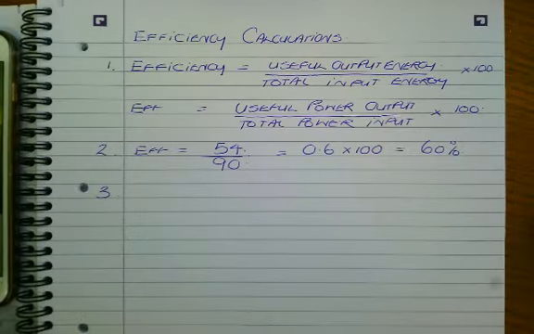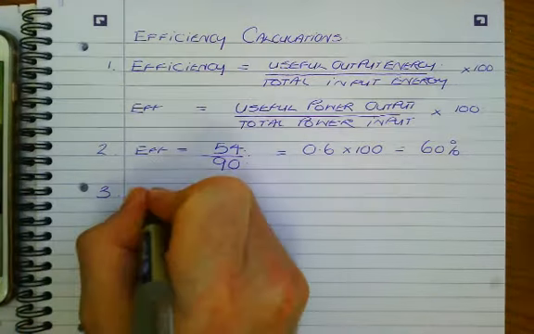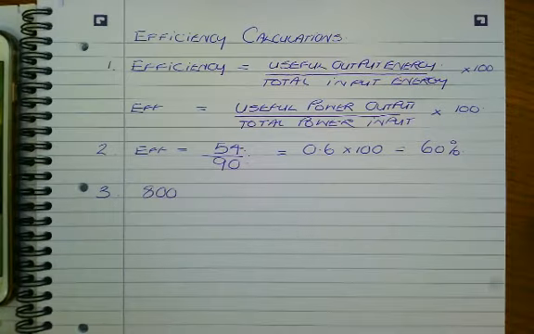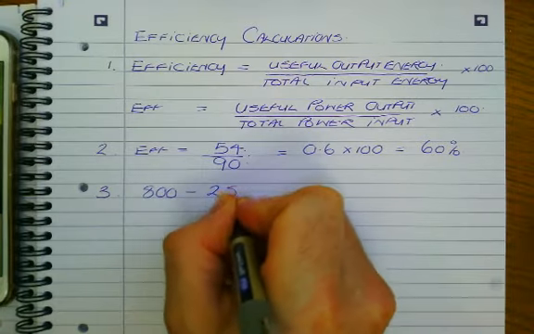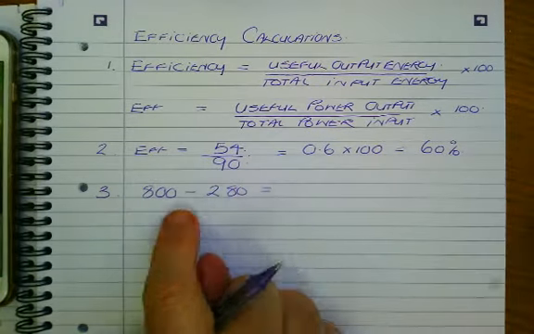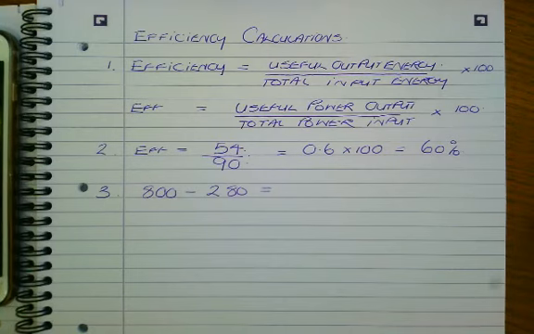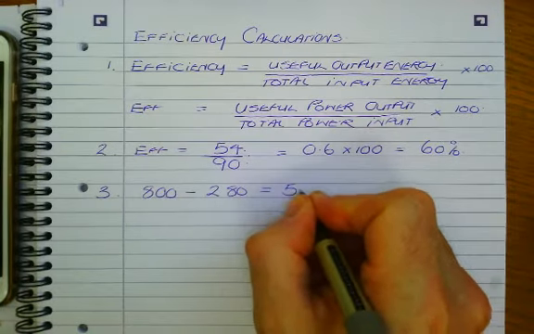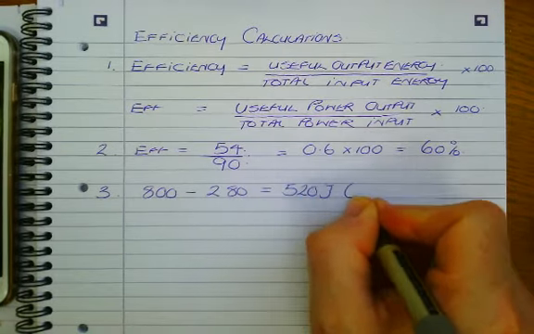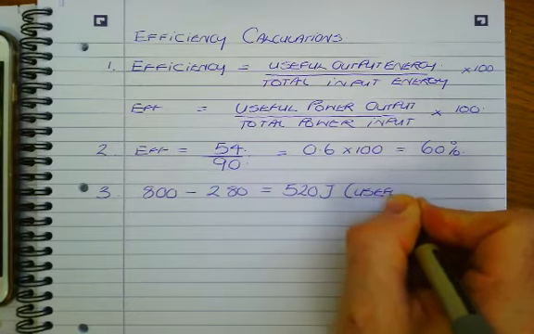For question 3, we're calculating the efficiency of a machine that is supplied with 800 joules and it wastes 280 joules. So you've got to think carefully about this one. It is supplied with an input energy of 800 joules and it wastes 280. So the wasted energy of 280, we need to subtract from the input energy to work out how much is actually useful. So that is 520 joules, which is useful.